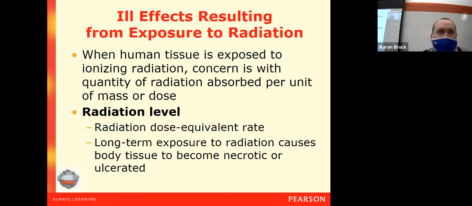Radon is kind of a silent killer because it can be present in your house, exposing you to radiation, and you really have no way of knowing it's there without doing any kind of testing. Long-term exposure to radiation can cause your body tissues to become necrotic, means that they basically start to die in places, or they can become ulcerated, which has its own set of issues as well.